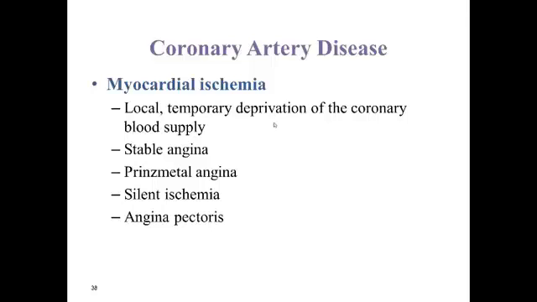So if there is not enough blood supply to meet the demand, you're going to get imbalances. Common causes of increased myocardial demand are tachycardia, exercise, hypertension or hypertrophy, and valvular disease.